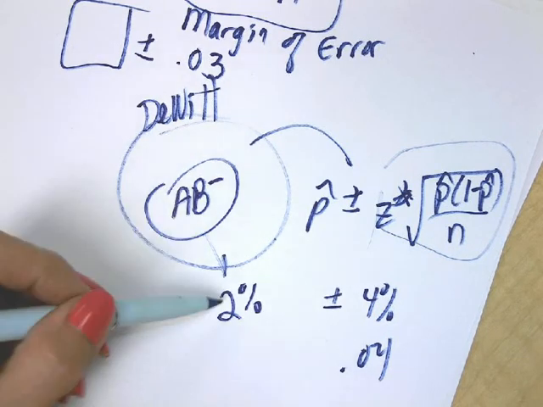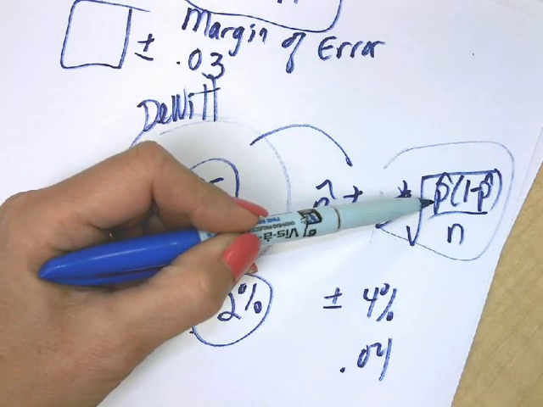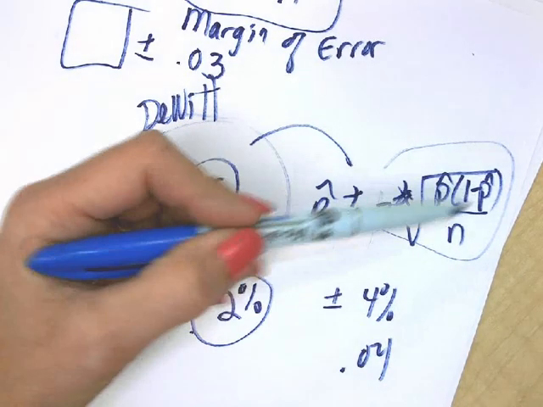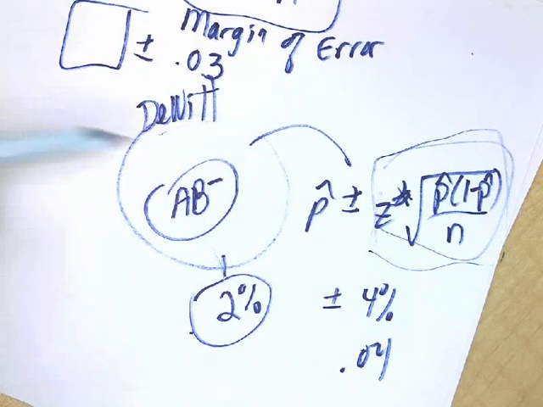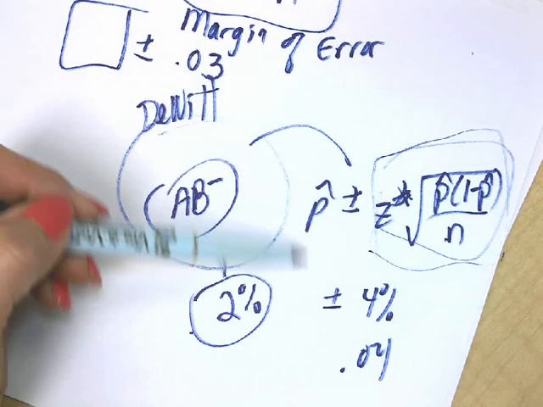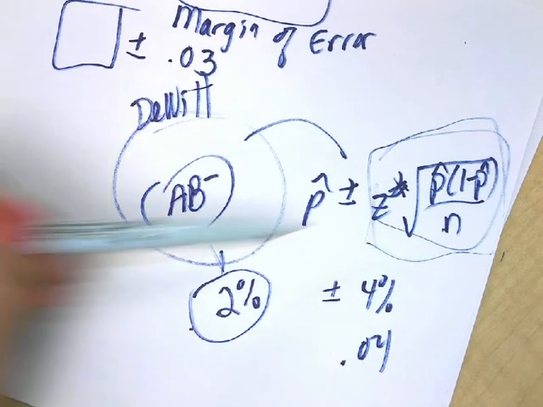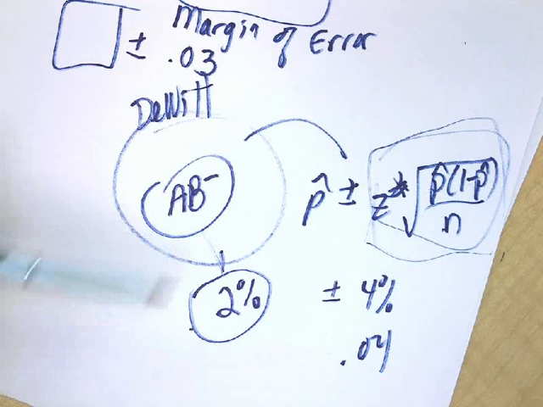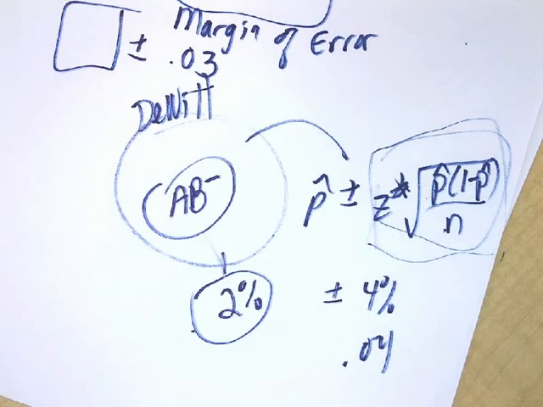If I use a guesstimate of 2% here, 0.02, 0.98, and solve for n to find out what sample size causes this margin of error to be 0.04, with 2% here as opposed to 50% here, the sample sizes will be tremendously different.